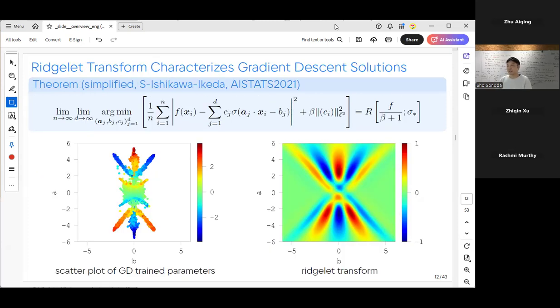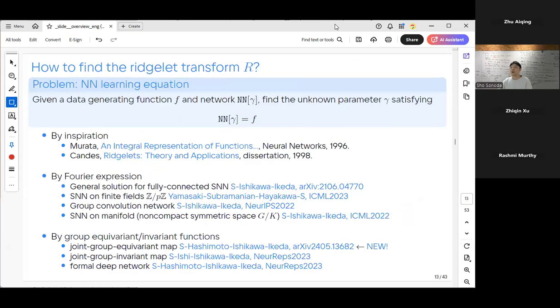So this is the first half of the talk on the Ridgelet transform. I explained up to this moment the classical Ridgelet transform for the depth 2 neural network case. But now in the deep learning age, there are a variety of network architectures. So we want to obtain the Ridgelet transform for a deep convolution network or a deep fully connected network, right?